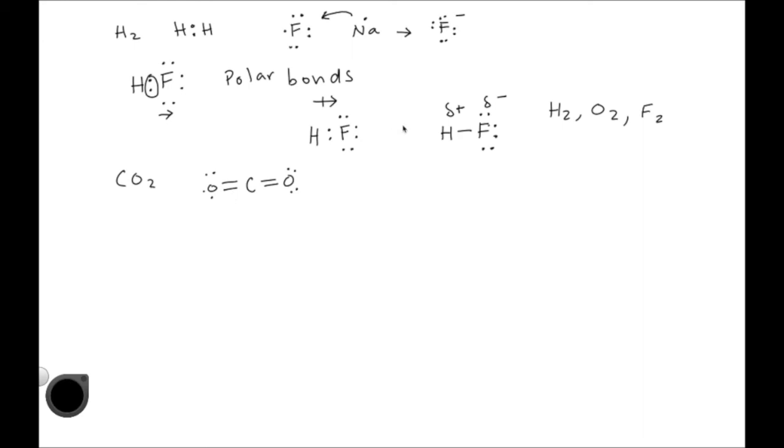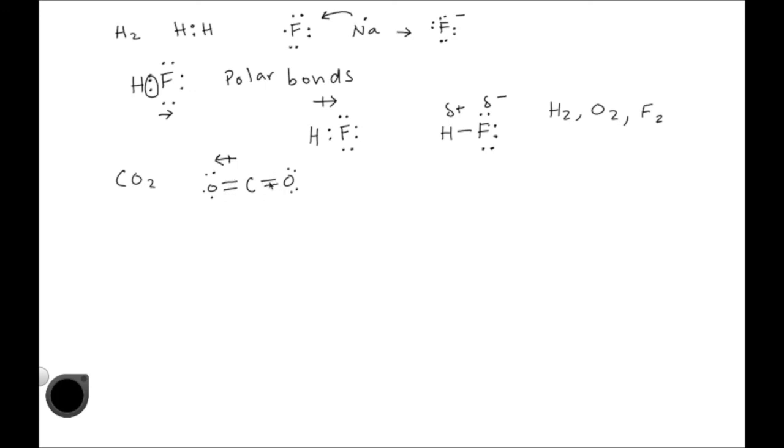And since we have two bonds with different atoms, we have two dipole moments, right? And since oxygen lies to the right of carbon on the periodic table, it's going to be more electronegative than carbon is. And so the dipole moment will look like this. So there's going to be an arrow pointing from the carbon to the oxygen on the left, right? Because that's going to be the direction of the polarity of this particular carbon-oxygen bond.